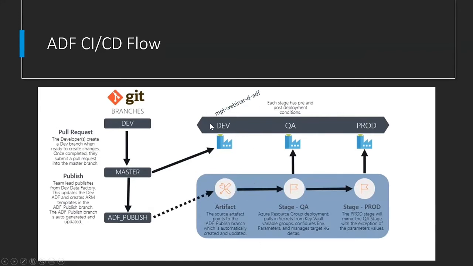In our demo of today, we will have an MPI webinar D ADF environment, so a development Azure Data Factory. We will have also a test, a T ADF, and we will have an MPI DevOps demo repository where we will push our code to, publish our code to then afterwards further deploy it. And we will create release pipelines to deploy that code, those artifacts to our test environment in our case.